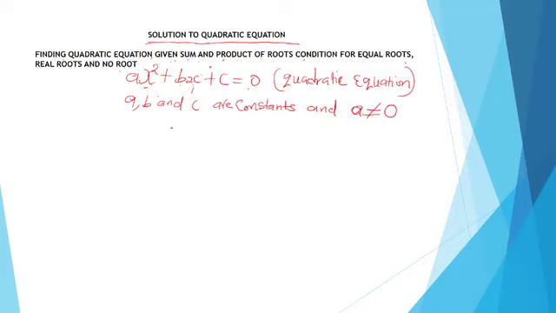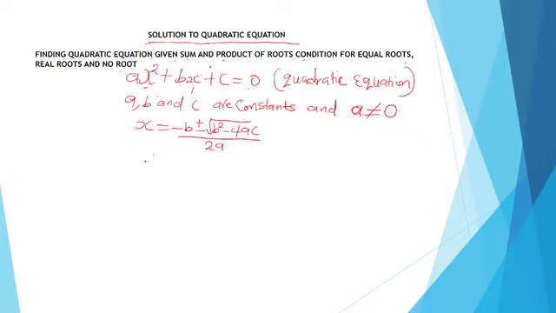Now, whenever this is being solved, the solution to this equation is usually of this format: x equals minus b plus or minus the square root of b squared minus 4ac, all over 2a.